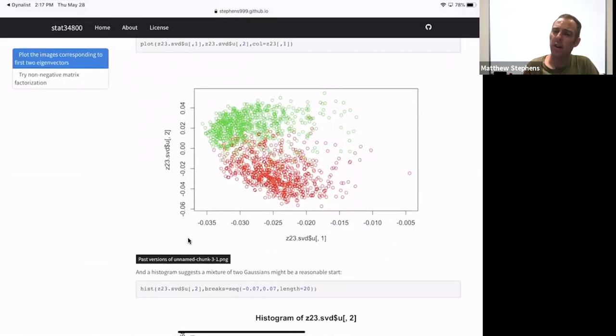One of the reasons to do this is just to check that the data you've collected match things you might know about it. So here we would hope that the 2s would be more similar to other 2s, and the 3s more similar to other 3s, and so we can have a quick plot like this in PCA space to check that.